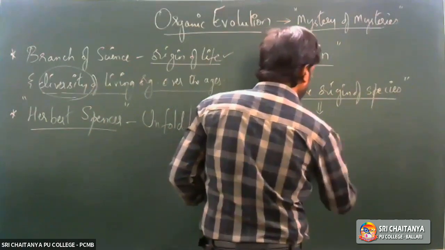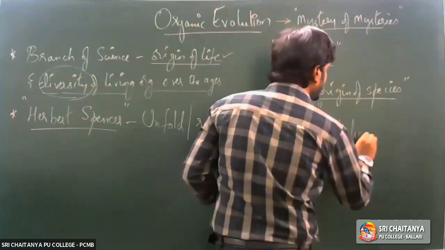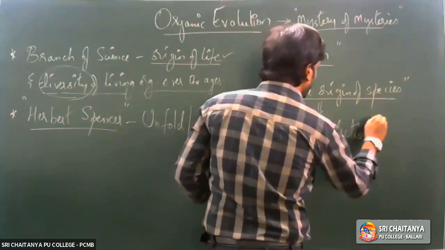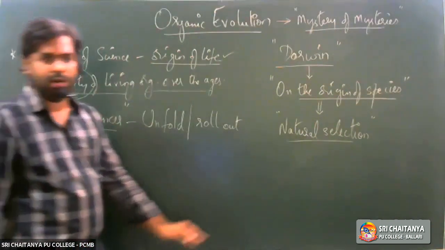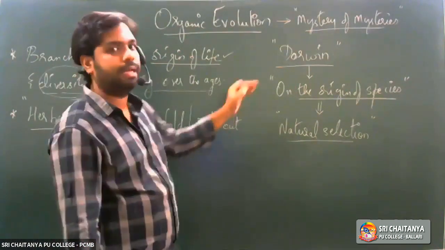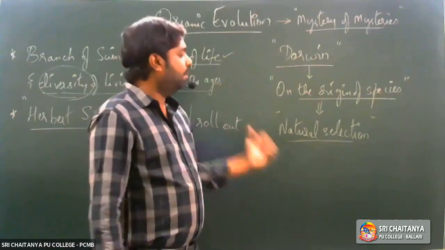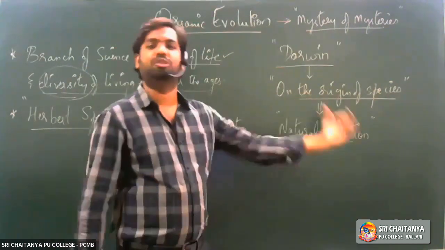The theory of natural selection. Just like how Lamarck gave his theory, called the theory of inheritance of acquired characters, Darwin came up with his theory called the theory of natural selection.